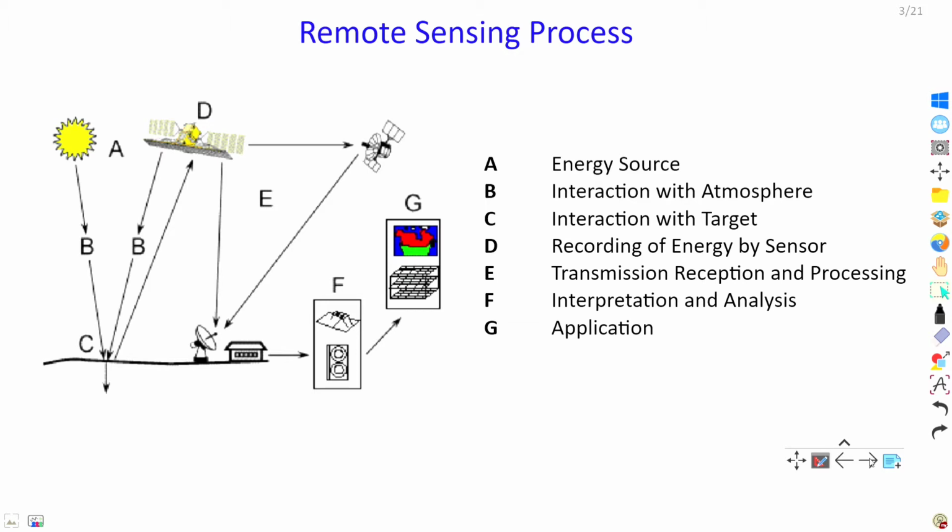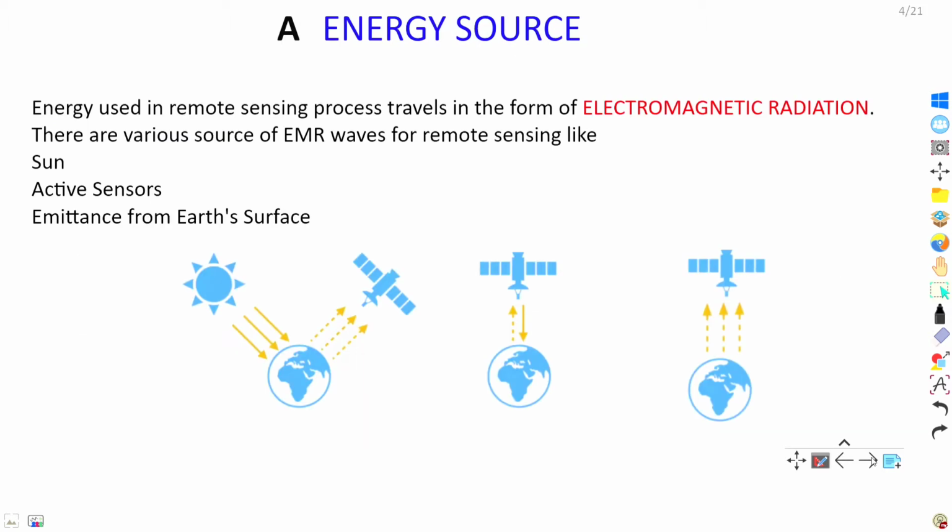So starting with the energy source. We have already seen that in remote sensing, energy travels in the form of electromagnetic radiation. We have learned about electromagnetic radiation in previous videos. There are various sources of electromagnetic radiation. For example, the sun. The sun itself produces a bunch of electromagnetic radiation and sends it towards the earth, and then the reflected energy gets sensed by the satellite or aircraft.